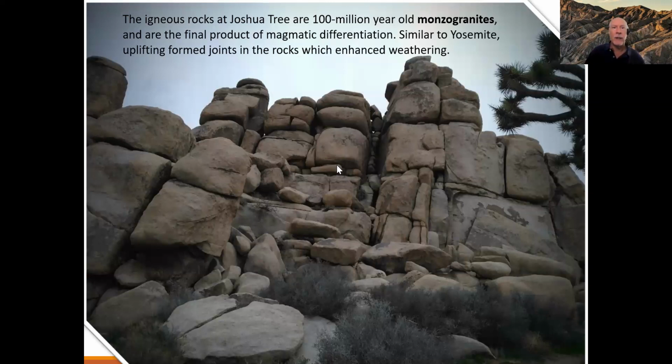So you get a lot of sodium plagioclase as well as potassium feldspars in there, not as much quartz. Again, we see lots and lots of fracturing, lots of joints that come from unloading and uplifting of these rocks. As a result, you get this very blocky appearance.